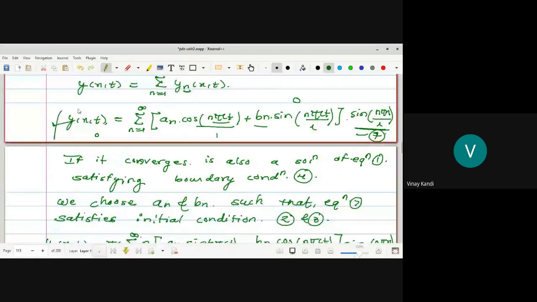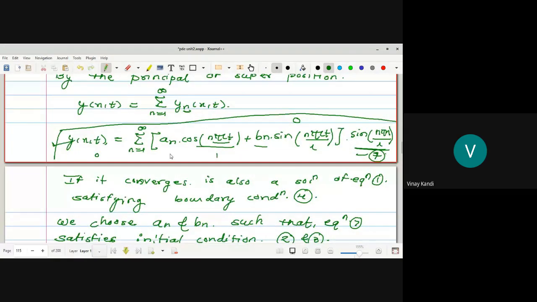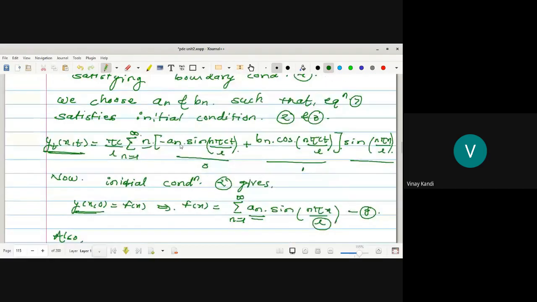Equation number 7 हा तुमचा solution y of x, t, where a_n and b_n are given by this one.